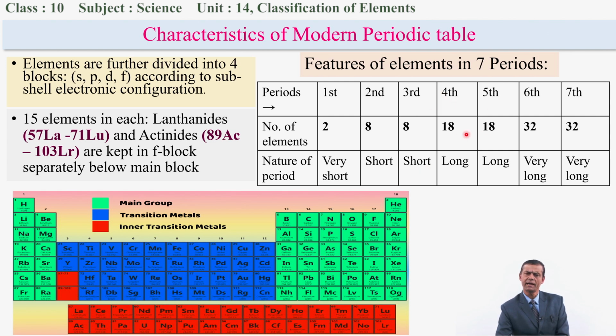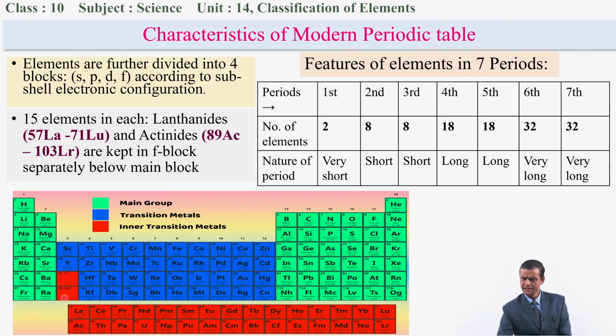Periods 4 and 5 contain 18 elements. Look at it. Period 4, here are 18 elements. Period 5 also has 18 elements, isn't it? And they are called long periods. And period 6, look at it.